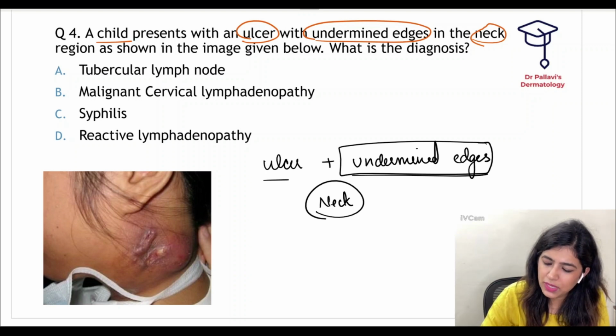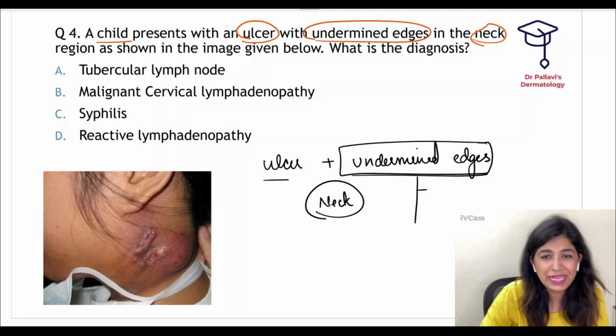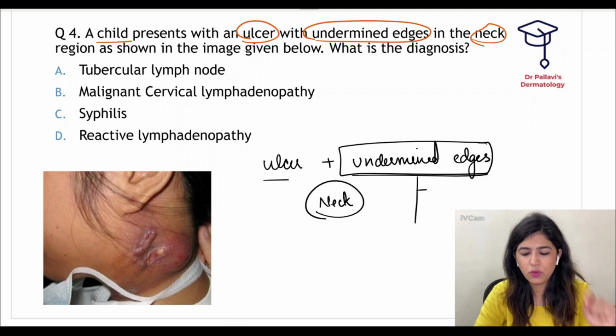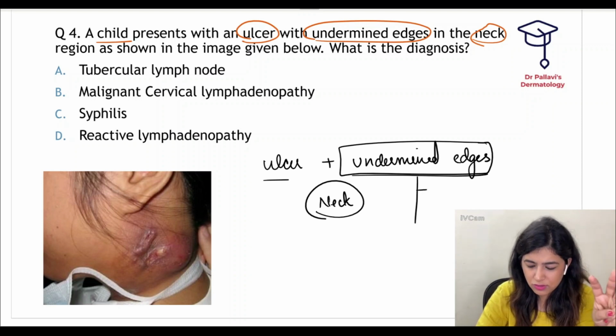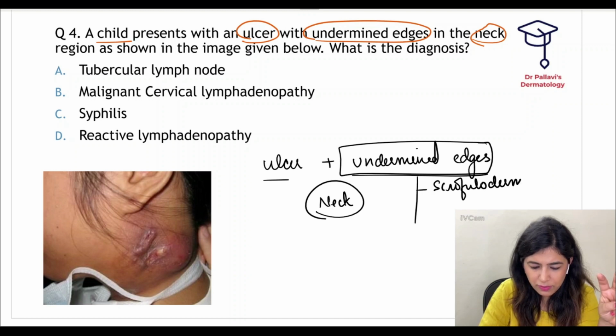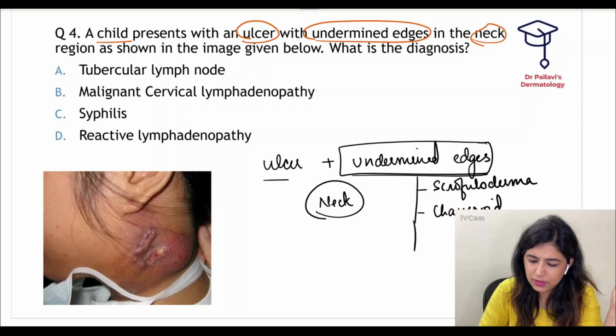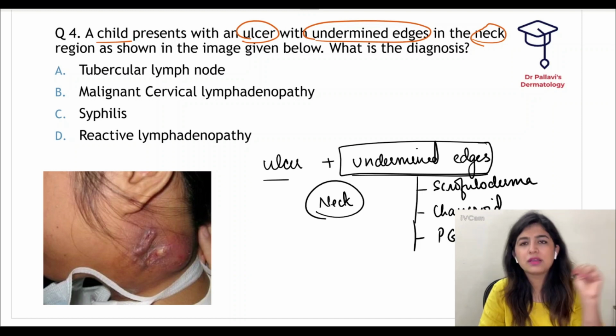But when we talk about undermined edges in dermatology, they are seen only in 3 disorders. 1, scrofuloderma. 2, chancroid. 3, pyoderma gangrenosum.